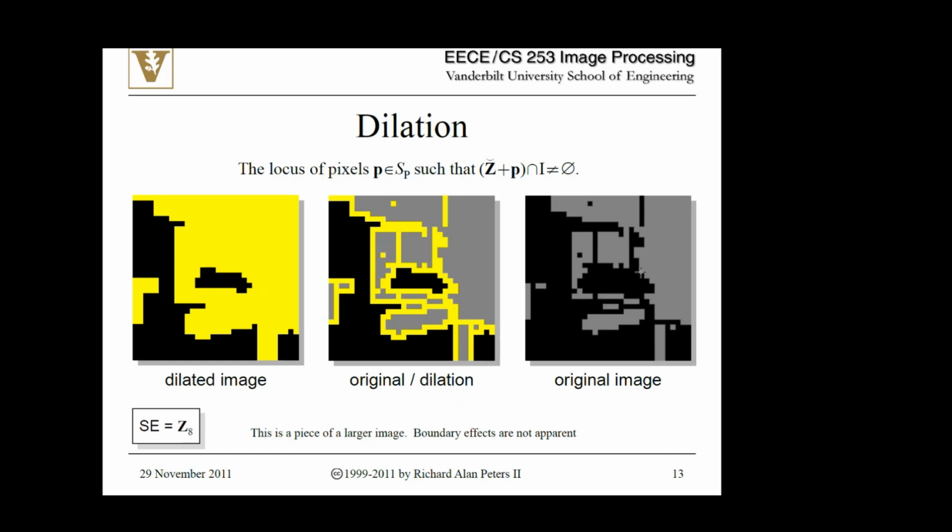It depends on what your kernel is. If my kernel is a delta, I'm not losing anything. And don't forget that in your image you have the ideal signal plus noise. So all these kernels and structuring elements are aimed at getting rid of the noise.